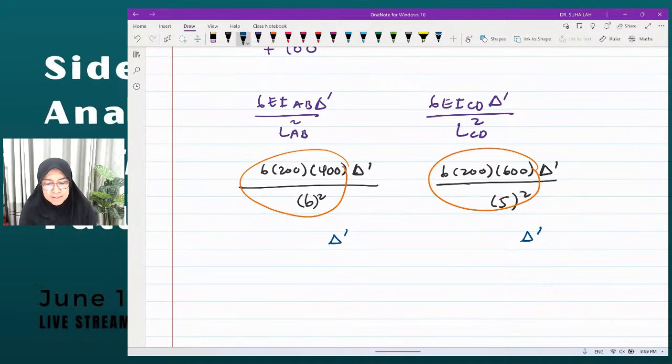Okay, 200 times 400 times 6, divided by 36. What is the answer?